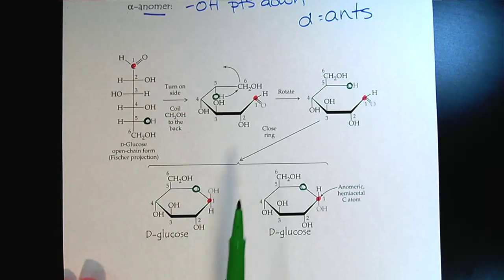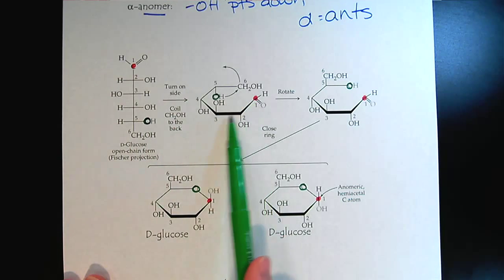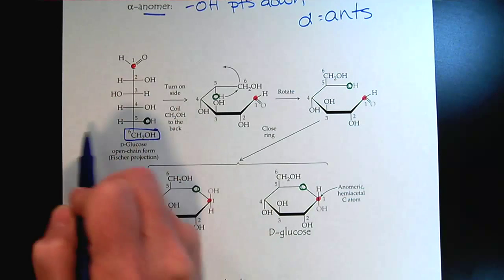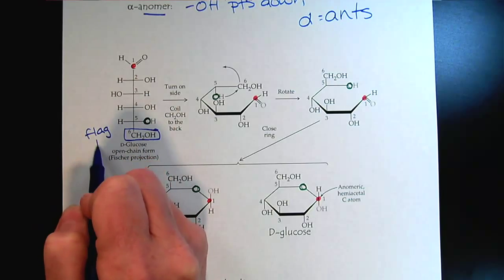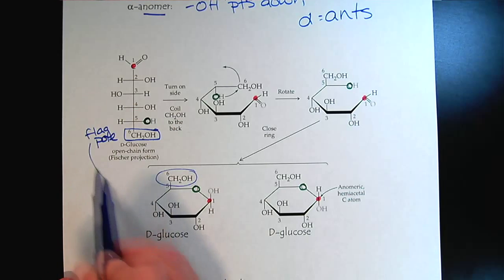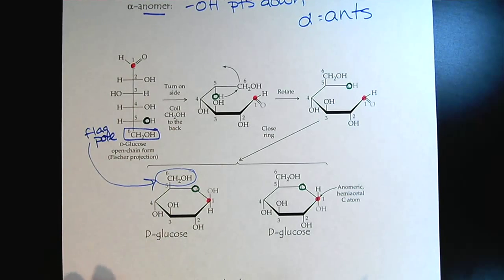And I really liked this figure because it stepped us through very carefully, right? So we show that we roll over, and I tend to think of this group right here a bit as like the flagpole, all right? So this is what I'm talking about as the flagpole, that little branch coming off.